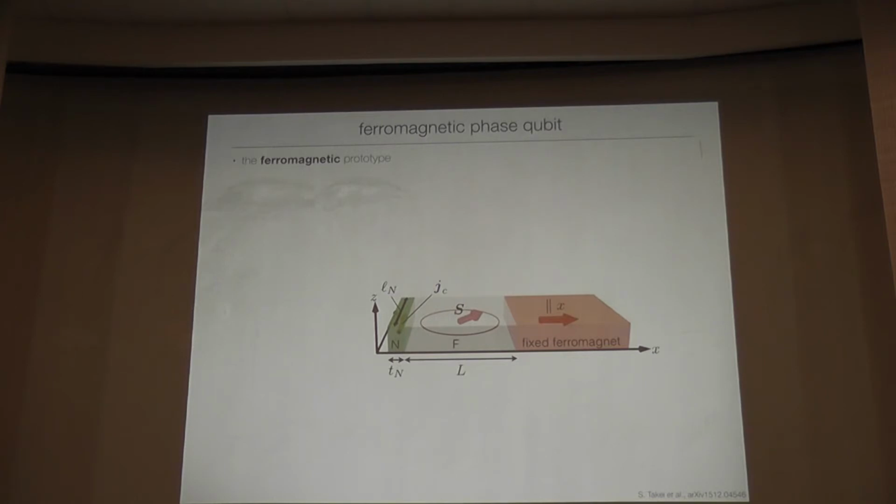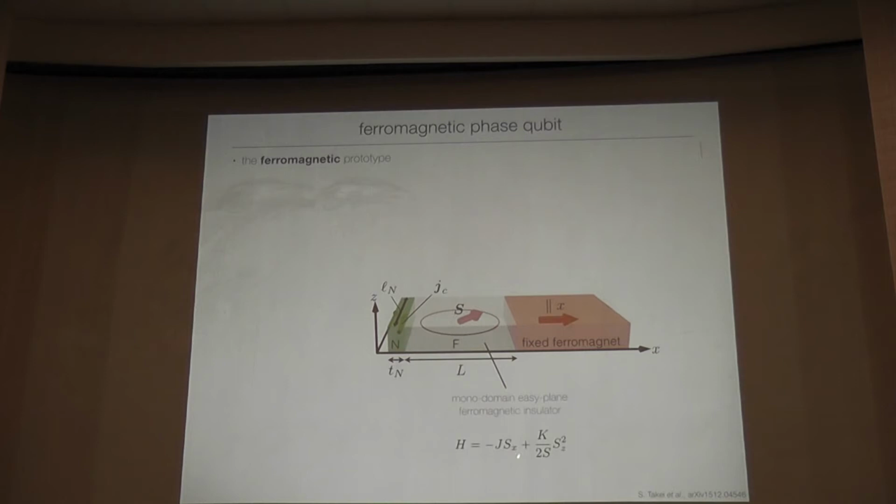The type of system I want to consider is a monodomain ferromagnet in the middle, which is coupled to a normal metal on the left side. And it's exchange coupled to a fixed ferromagnet, which is fixed in the x direction. I'm going to assume that there is an easy-plane anisotropy in the central magnet, so I can write down quite a simple Hamiltonian for this magnet.